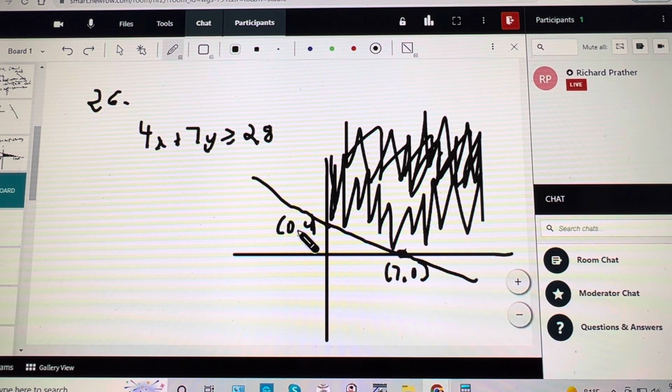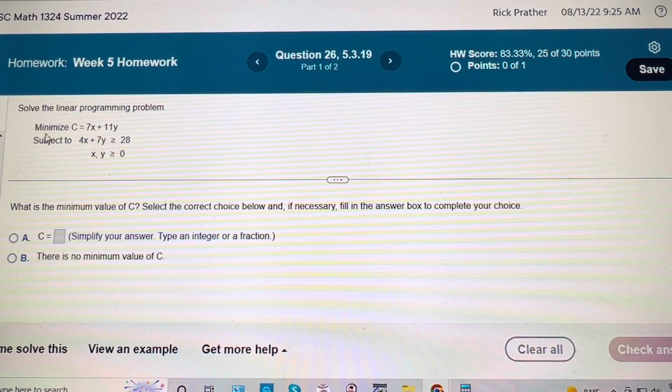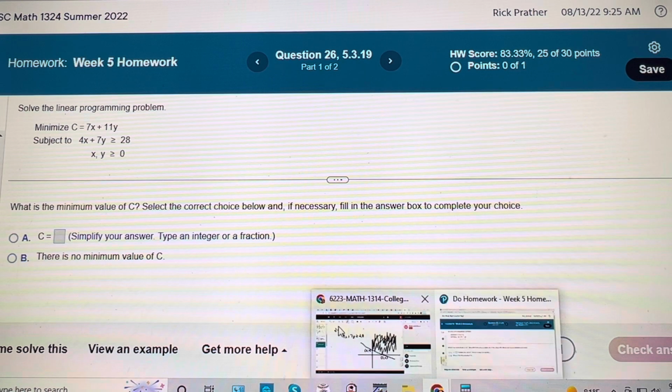Now, if I'm trying to maximize profits, I won't be able to. If I'm trying to minimize costs, then one of these two would be the minimum. We are trying to minimize costs. C stands for cost. Minimize costs, 7x plus 11y.